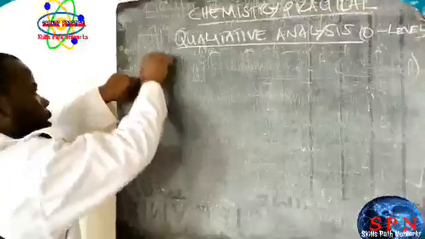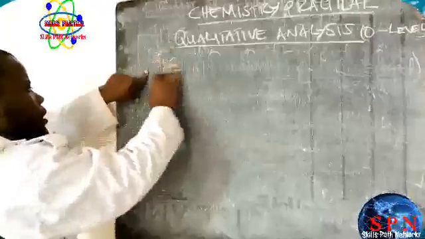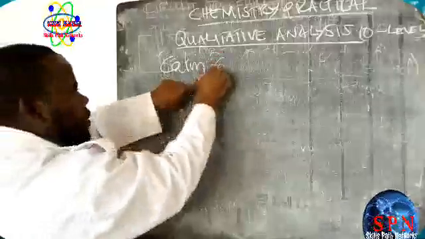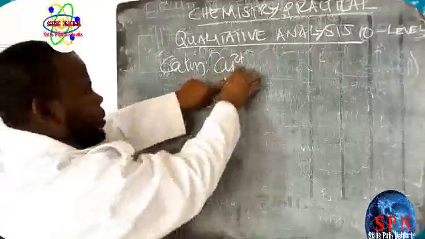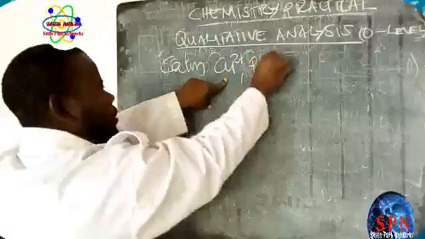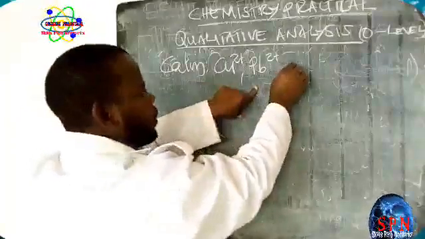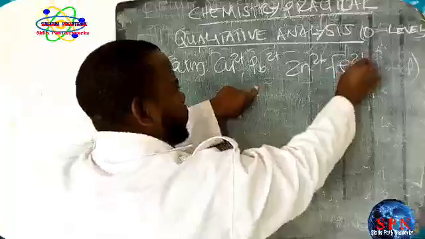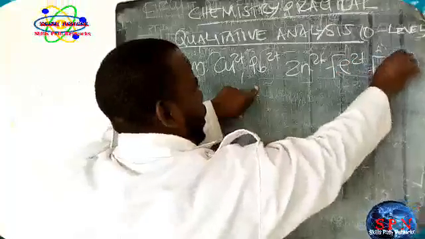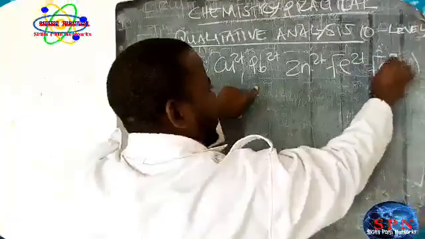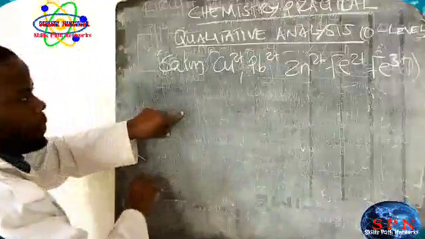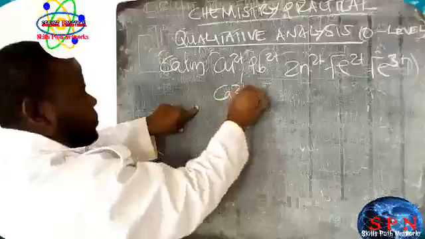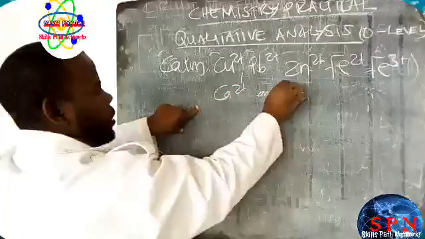In the case of cations: copper(II), lead(II), zinc, iron(II), iron(III), calcium, and ammonium.